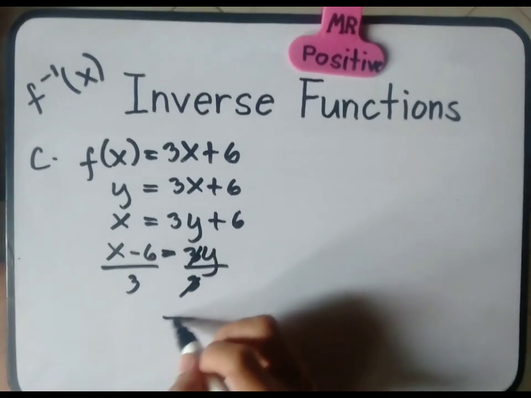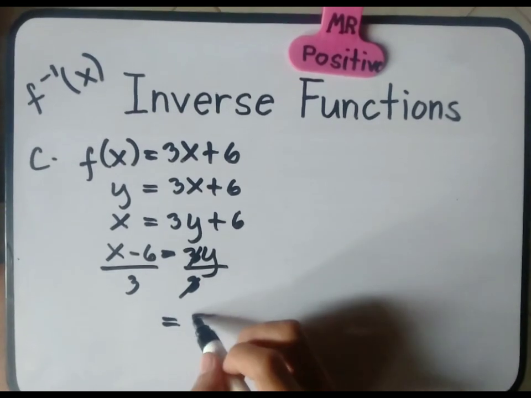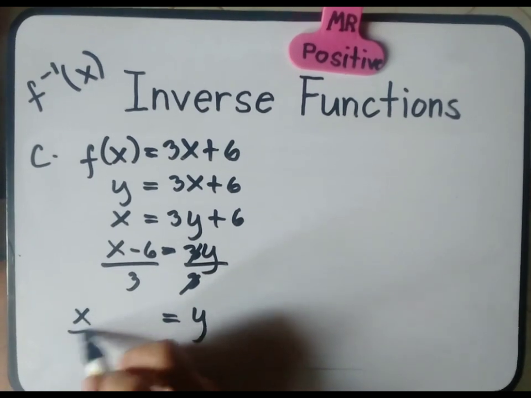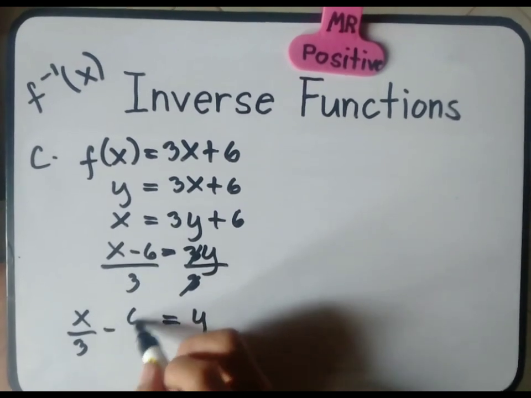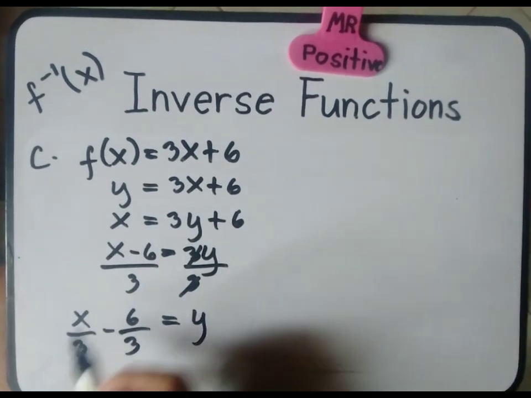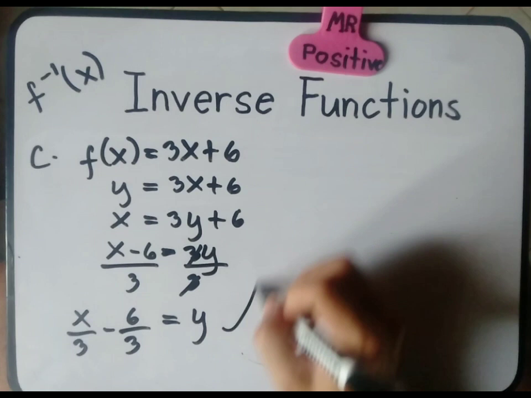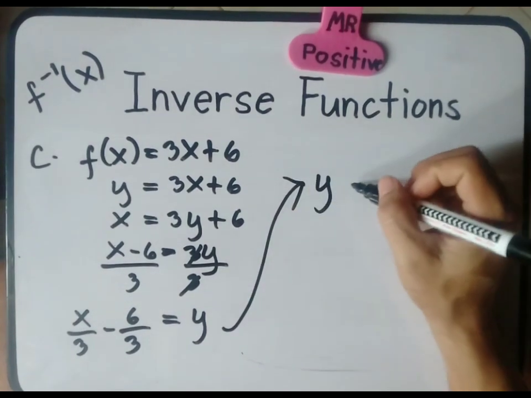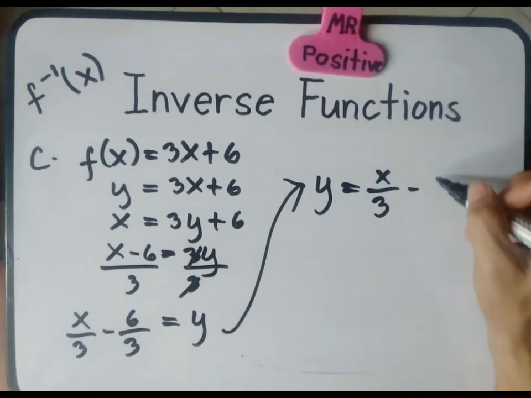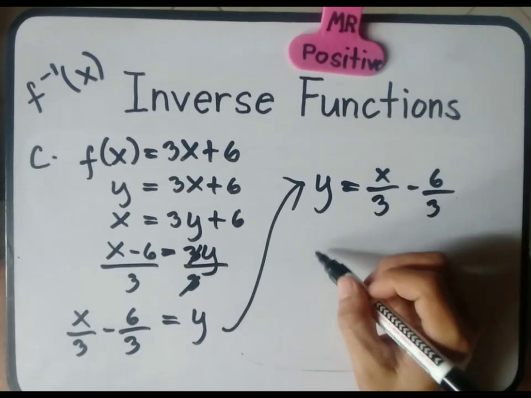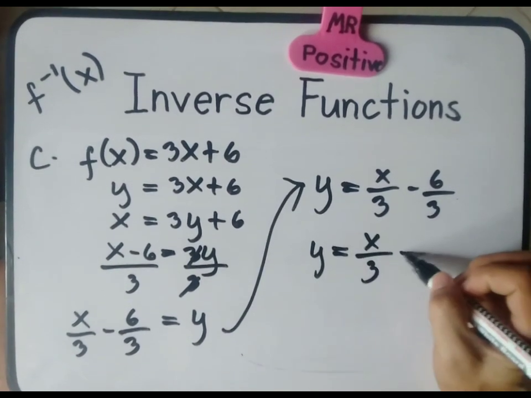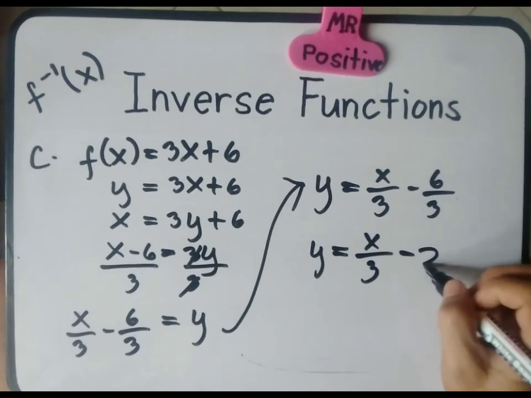So that on this side, we have y, and then we have x over 3 minus 6 over 3. We can also interchange their position. For example, we have y on the left side, and then equals x over 3 minus 6 over 3. So we have y is equal to x over 3 minus 6 divided by 3 is 2.